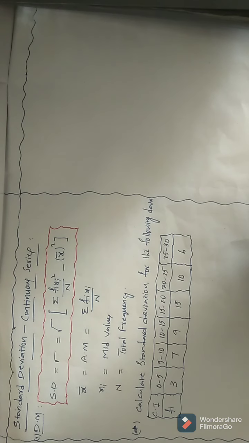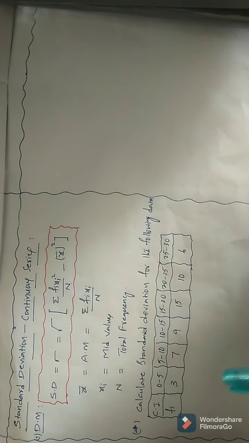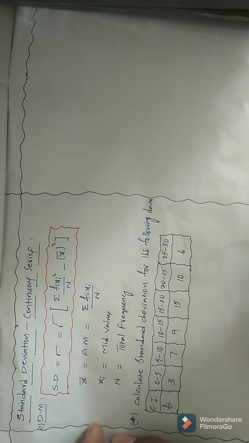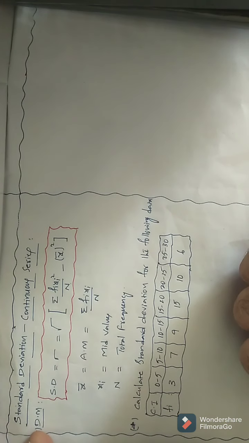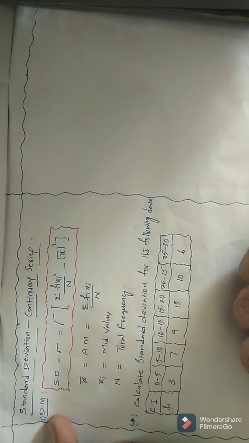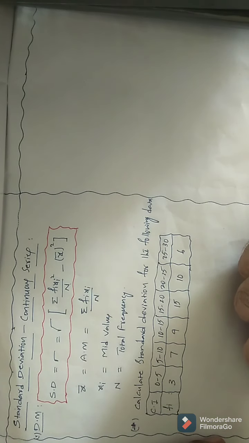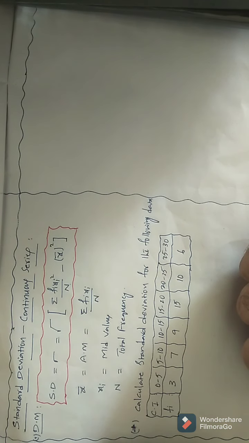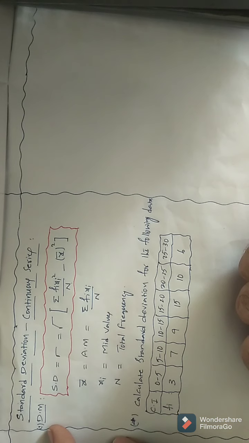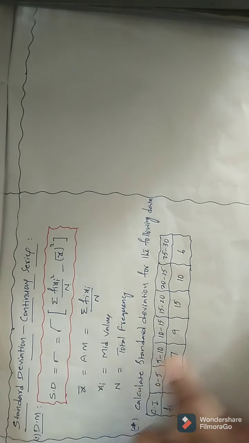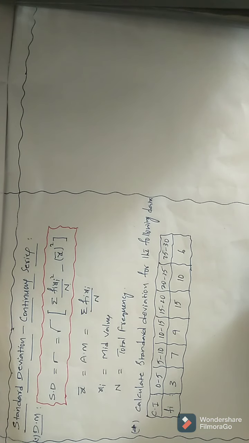Here also, just like the arithmetic mean, the standard deviation can be calculated for the continuous series in three forms: the direct method, the shortcut method, and the step deviation method. Okay. Now we are going to understand how to apply the direct method to calculate standard deviation for the given data.